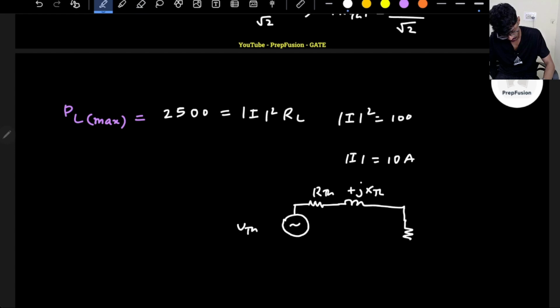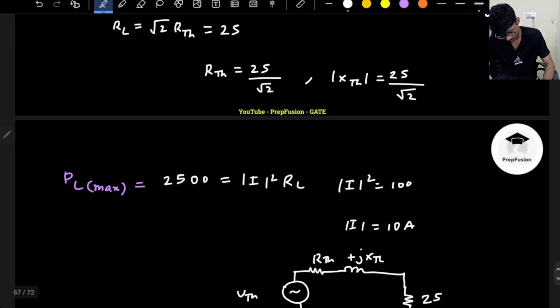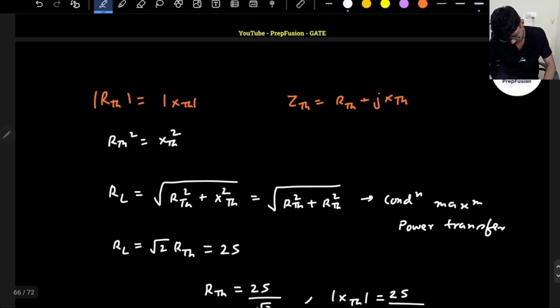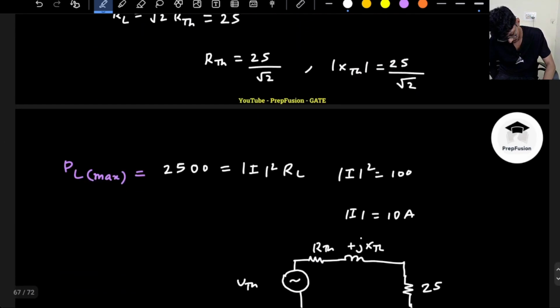Initially my load was only purely resistive, correct? So load was 25 ohms only. Okay.